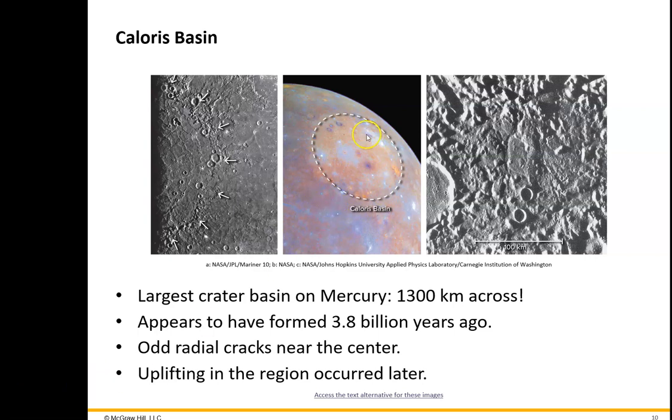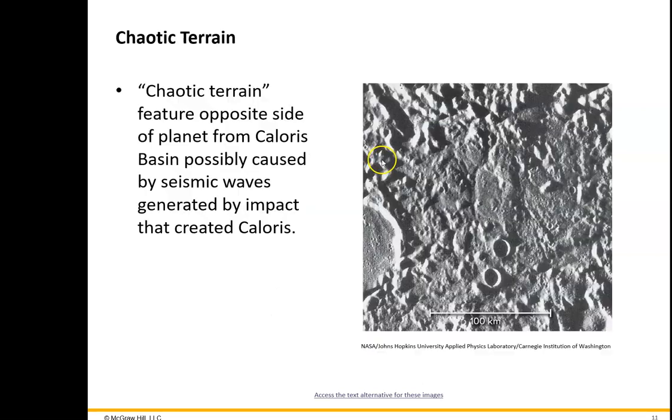All right, this is where we were in the last video. So this is Caloris Basin. And interestingly enough, on the opposite side of the planet Mercury, exactly opposite this giant impact, we find this.